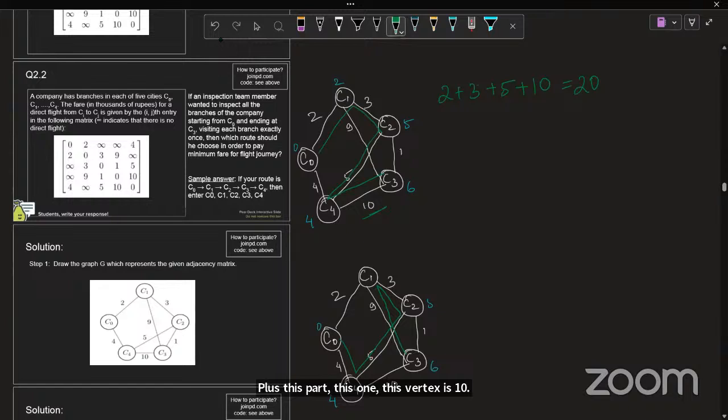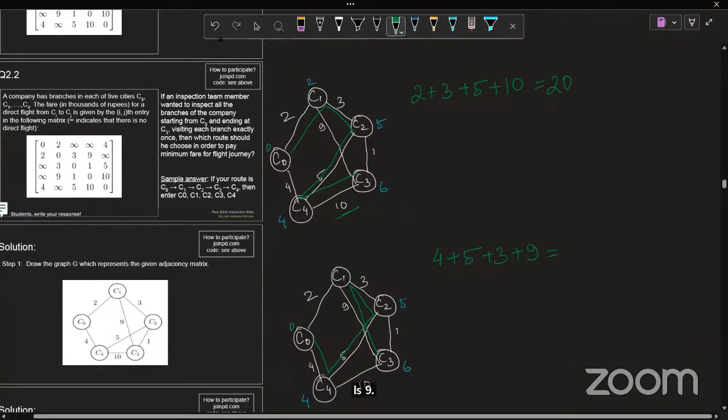What about this path? C2 to C4 is 4 plus C4 to C2, which is 5, right? From C2 to C1 is 3, and from C1 to C3 is 9. So what is the weight? 21. So which path should you choose? This one, right? Because it has less weight.